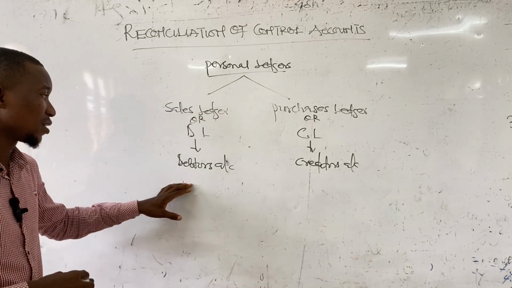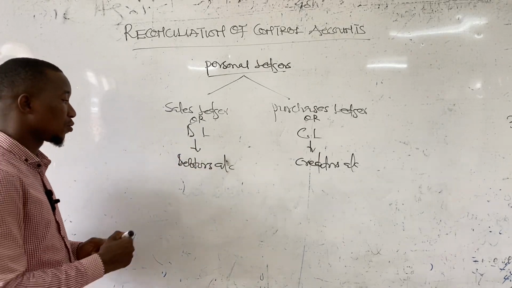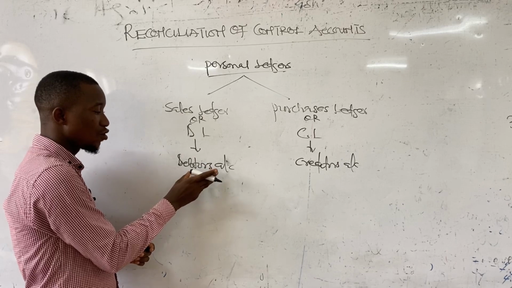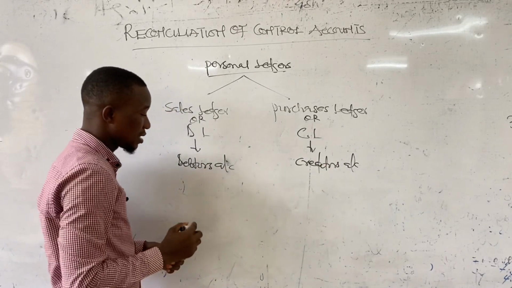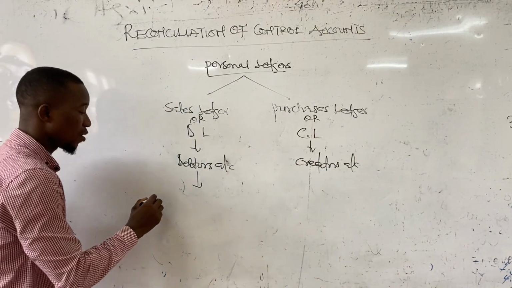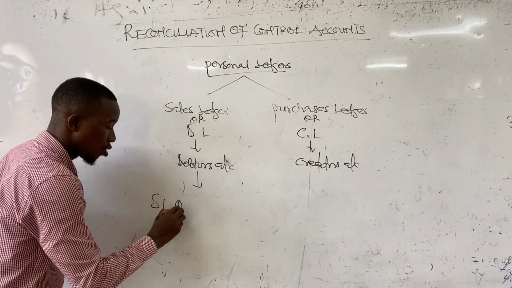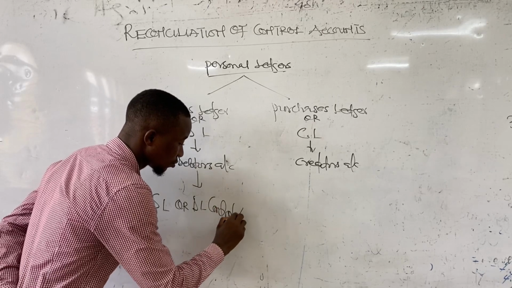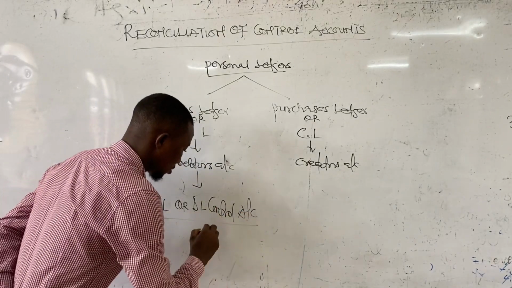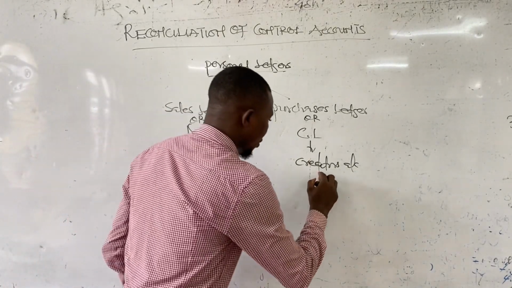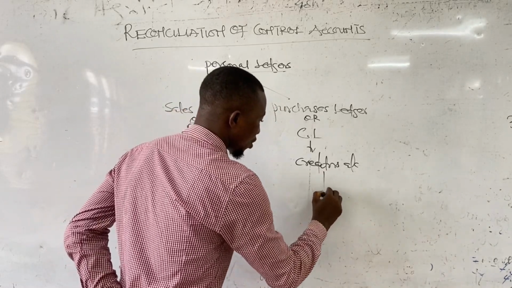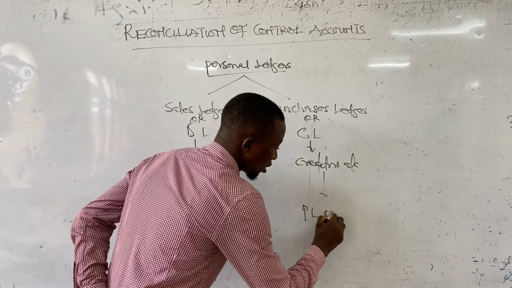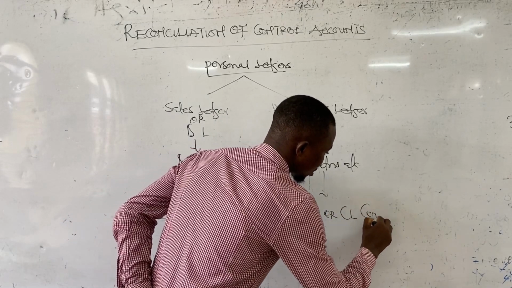At the close of the period, we prepare an account we call a control account to control the total of these individual debtors accounts and creditors accounts. For the sales ledger, we prepare what we call a sales ledger or debtors ledger control account. Then for the purchases ledger, we also prepare what we call the purchases ledger or creditors ledger control account.